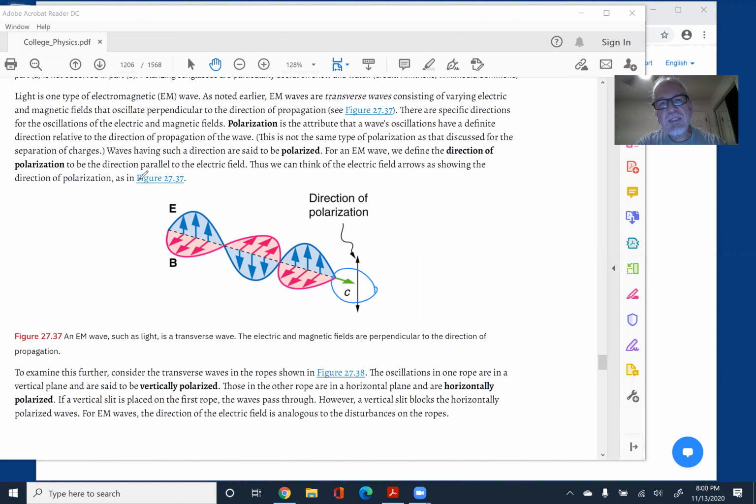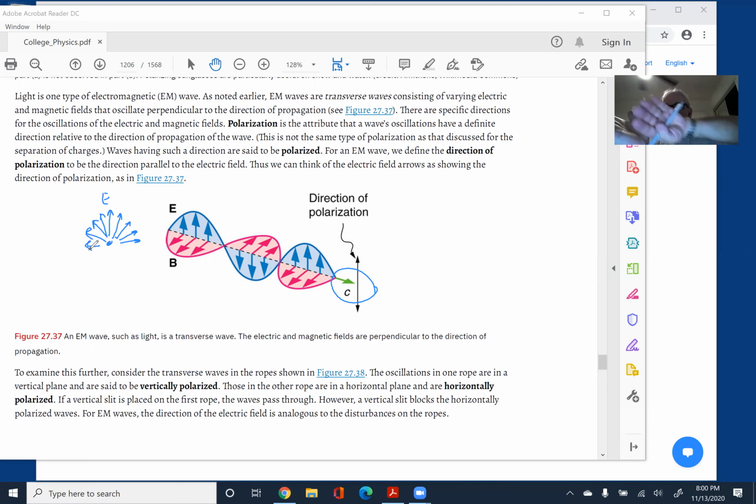But you have an extra degree of ambiguity: if I look at the direction in which my light is coming at me, the electric field could be pointing in any direction, not just the direction shown there, and that's essentially the polarization of light.